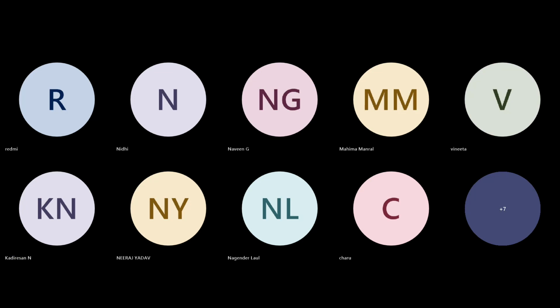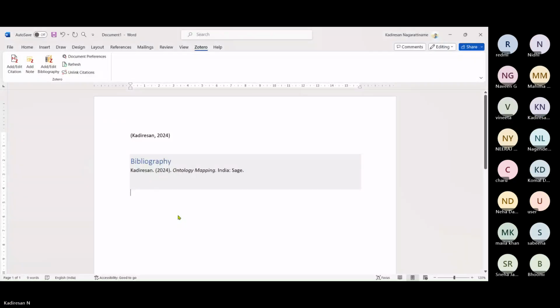Now you can find the Word file. Here I have added the Zotero plugin. For the Word file format, you have this Zotero plugin; you have to download and install it. And I'm going to add the citation.